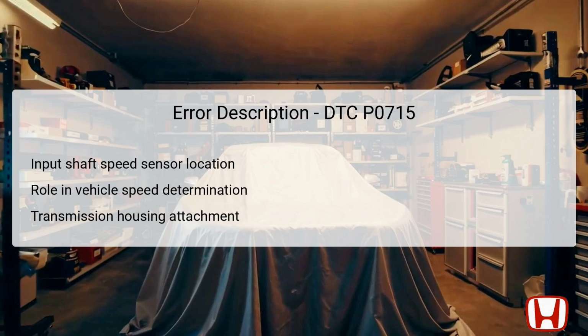When the sensor operates correctly, it sends a reliable signal to the PCM, which is essential for maintaining optimal engine performance and shifting characteristics. If there's an issue with this sensor or its connections, the PCM will not receive the required signal, resulting in a DTC being stored.